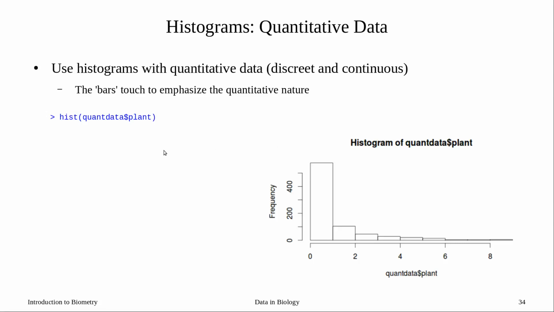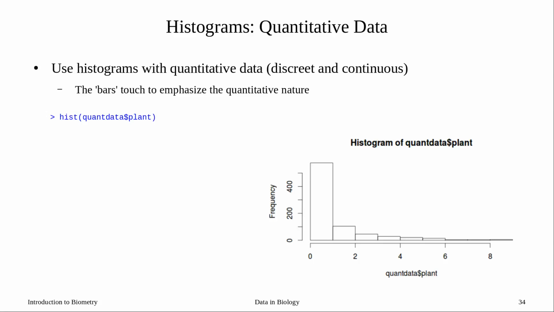What about quantitative data? Well, quantitative data doesn't really make sense to do a bar plot, and here's why. I'm going to do histograms here and just introduce the bar plots. So if I did bar plot, quant data, $, plants, and run it, I get something like this.